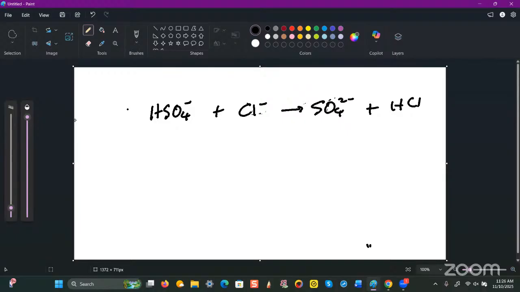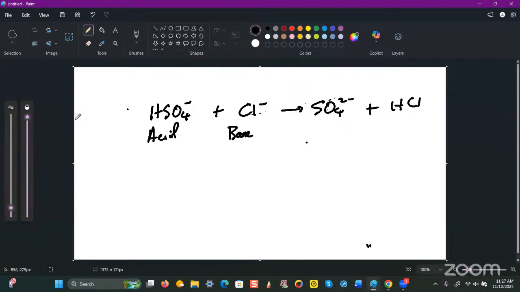HSO4 minus is the acid. Well, we're not talking about what's on the right side, only the left side. But you're right, HSO4 is the acid. Very good, which means that the chloride is the base. So that takes care of the left side.